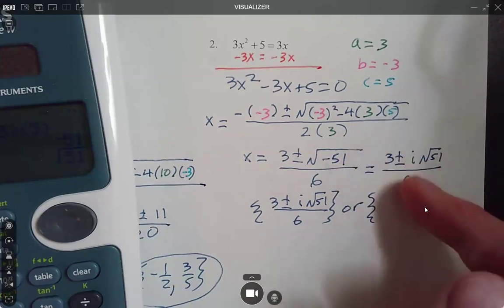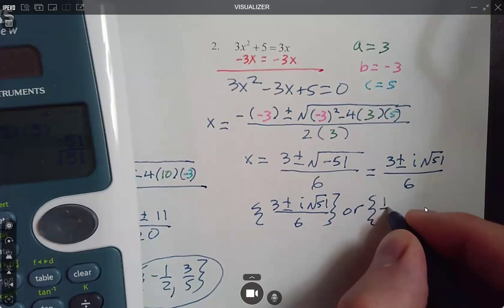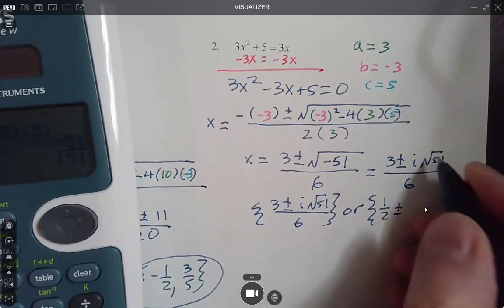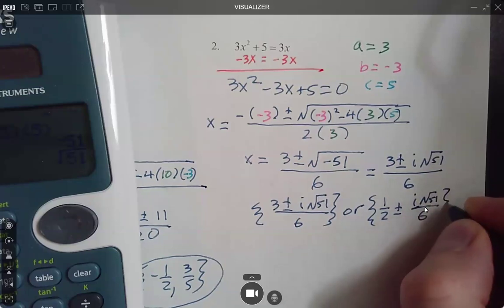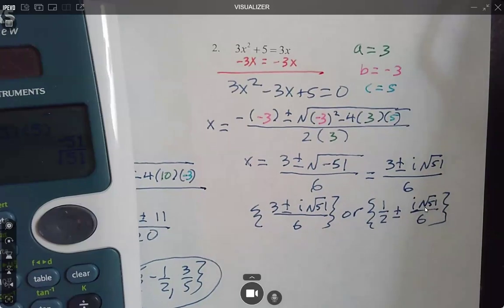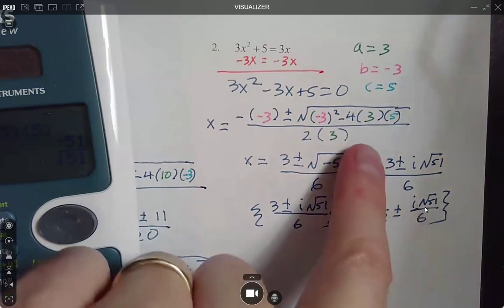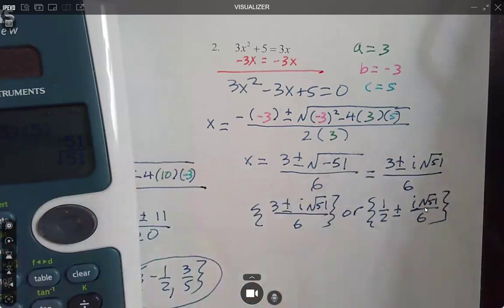So if I take 3 over 6, that reduces to 1/2. And then I would have i square root of 51 over 6. I can't write a 2 here because that 6 actually has to go into both of those terms. So if I wrote a 2 here, that would be incorrect. It would not be the same answer.